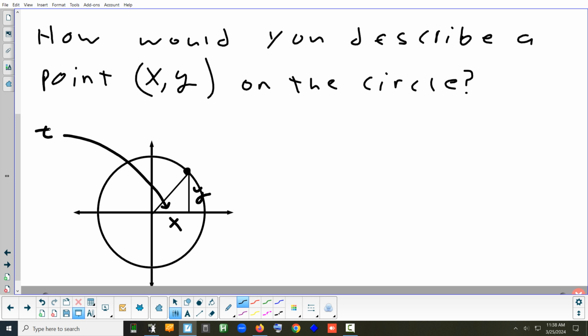And in this case, it's the angle between the hypotenuse and the x-axis. Okay. So what would be a formula that would calculate x? Well, t isn't a side, t is an angle.